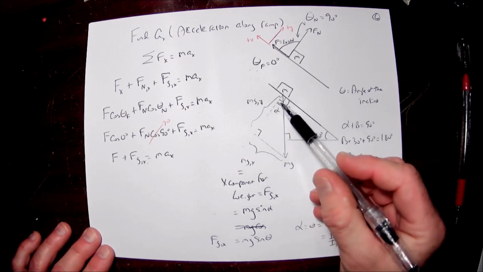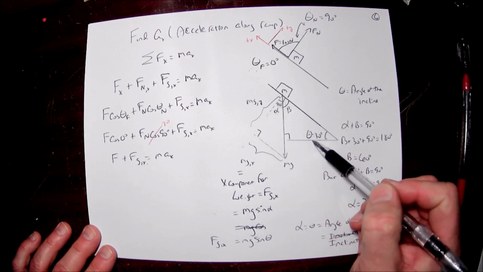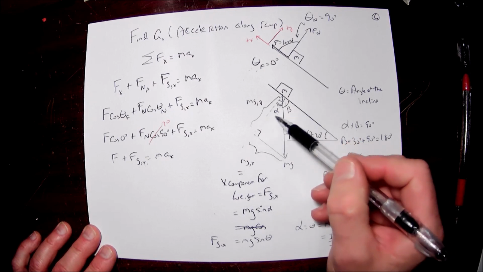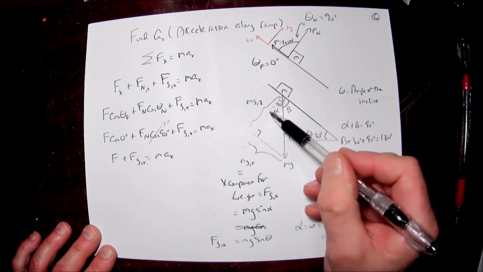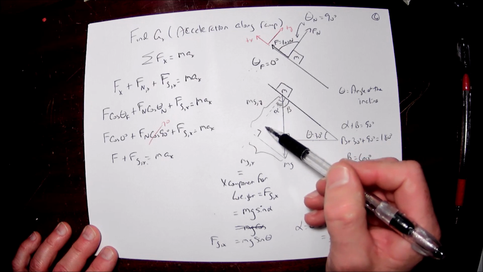Here's one where it's not convenient. This angle alpha, which equals this angle theta, is drawn from the hypotenuse to this side right here, which is the y component. It's paralleling the y-axis, the new y-axis.